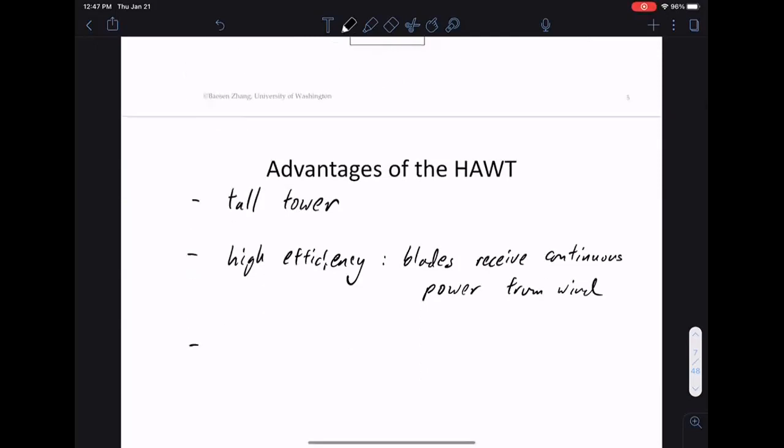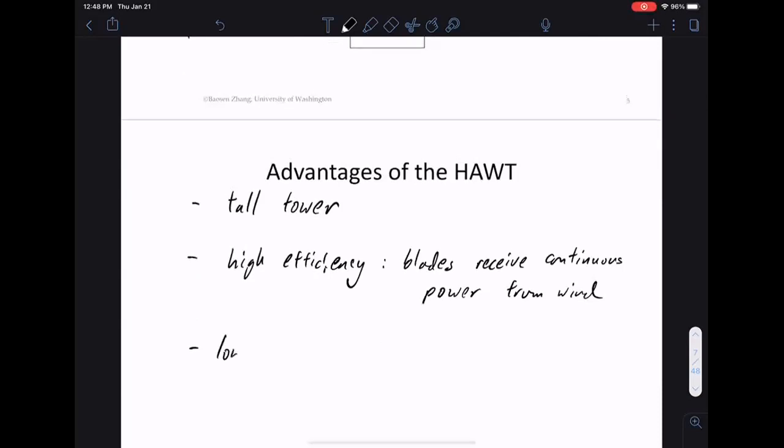Once you face the wind, the 3 blades spin fairly continuously, and this gives small disturbances.